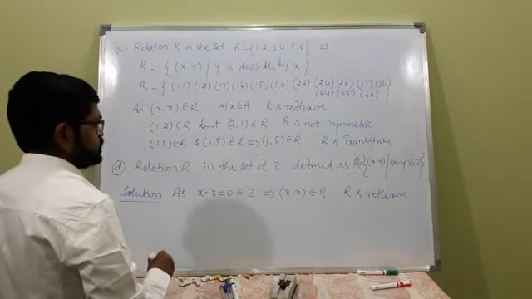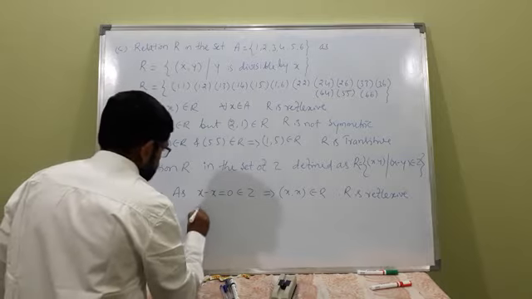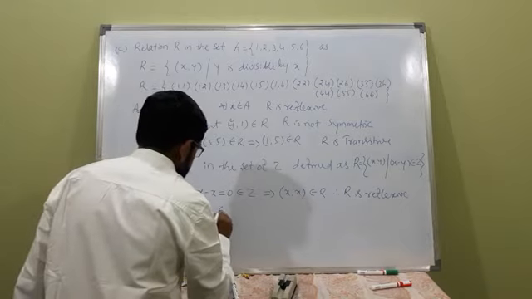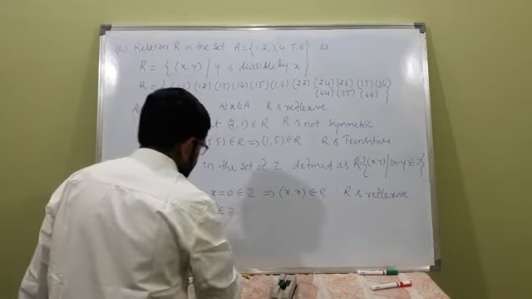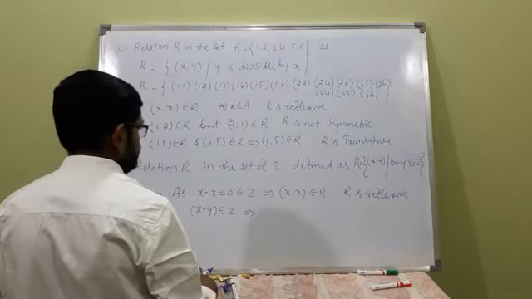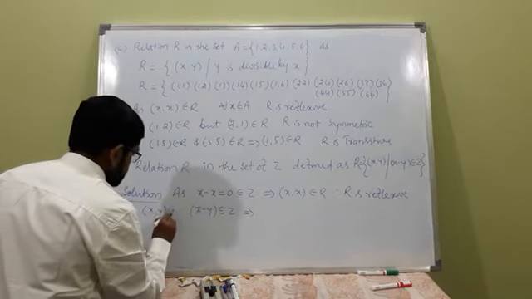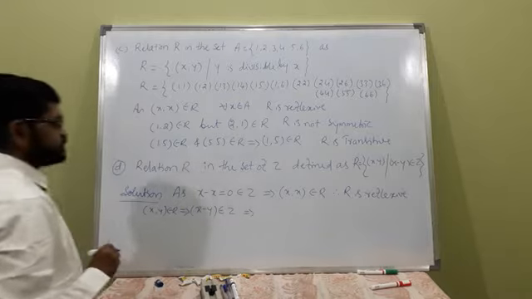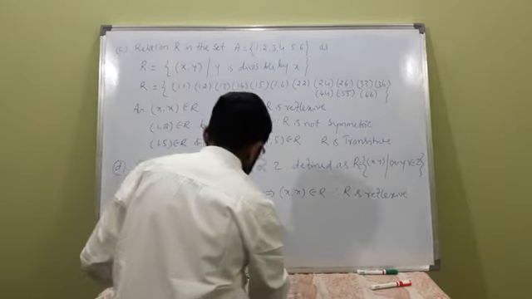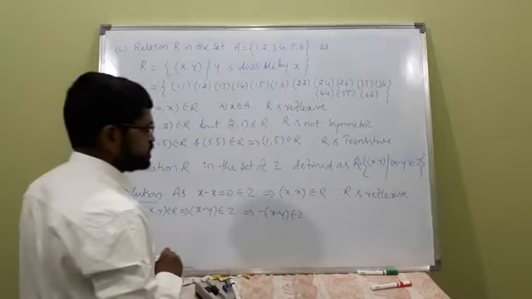Now, x minus y is an integer, implies, or (x, y) belongs to R implies x minus y is an integer. x minus y is an integer means minus of x minus y is also an integer, isn't it?